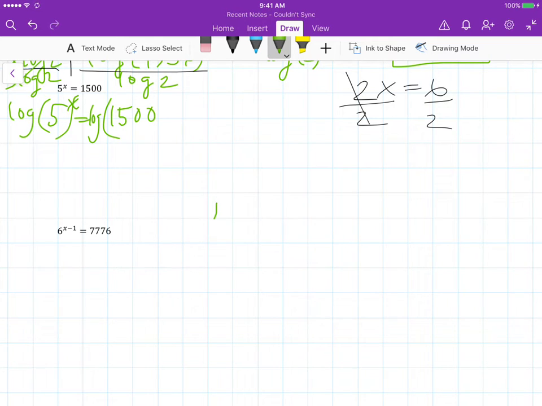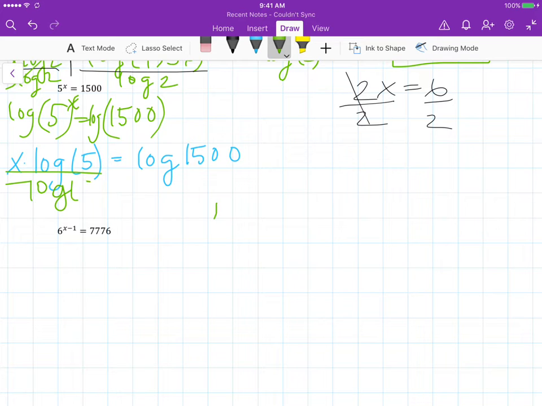If I take the log of both sides, now I can say that the x can come down and in front. Now I have x times the log of 5 equals the log of 1500. I can say, well, the log of 5 is just a number, so let me just divide by it on both sides.